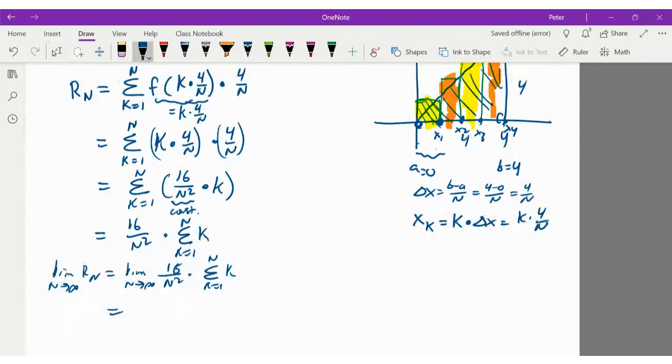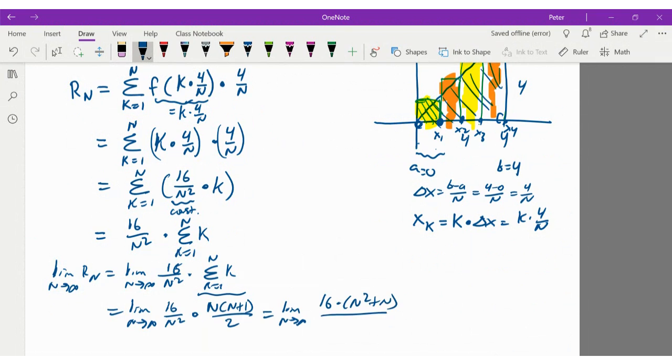We already know how to find that sum, so that's the limit as n approaches infinity of 16 over n squared times n times n plus 1 over 2, which equals the limit as n approaches infinity of 16 times n squared plus n over n squared times 2.